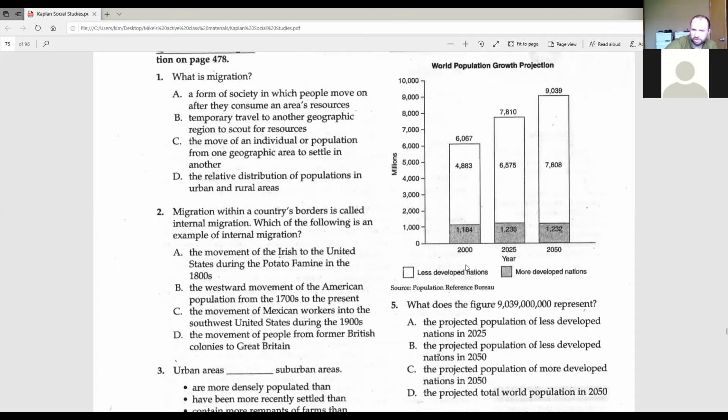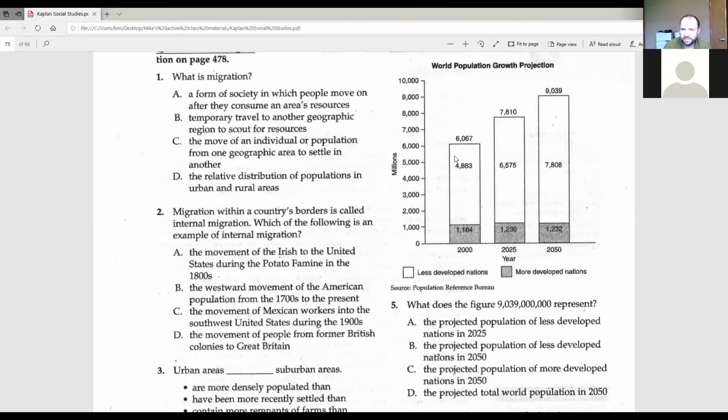So years 2000, 2025, 2050, here's the projected growth of the world population, right? 2000 to 2025 to 2050. This is developed nations. This is less developed nations. So we can kind of see in general the trend. Okay, that said, let's look at our questions.